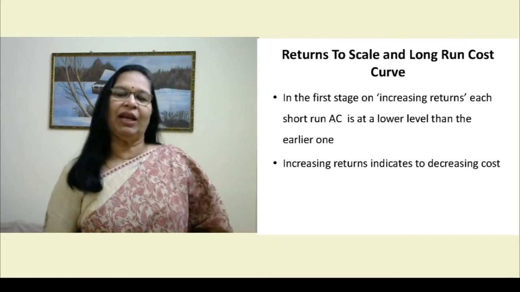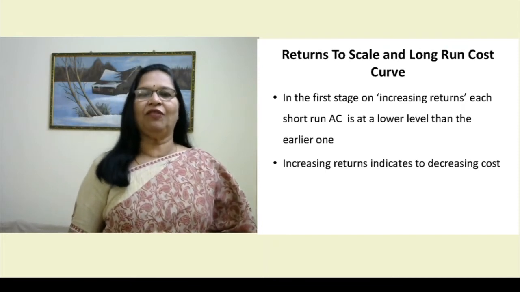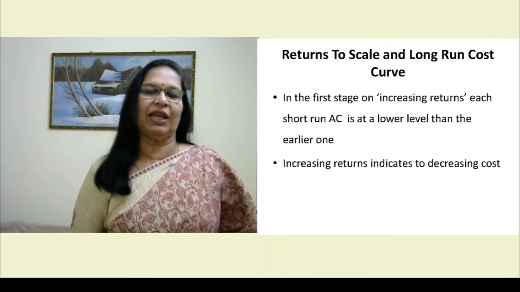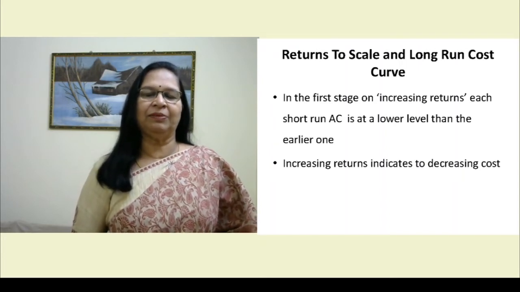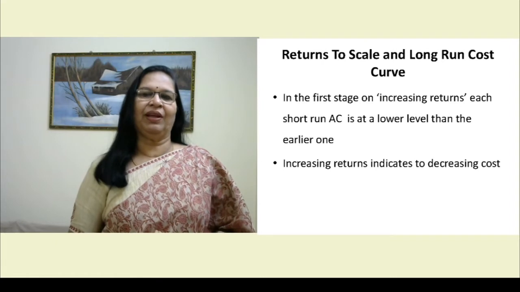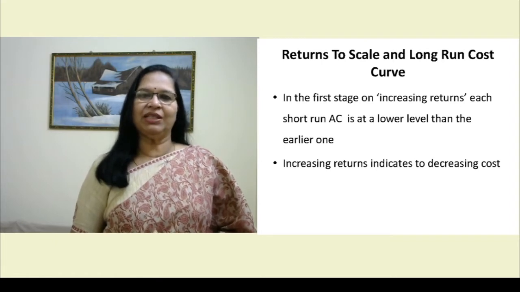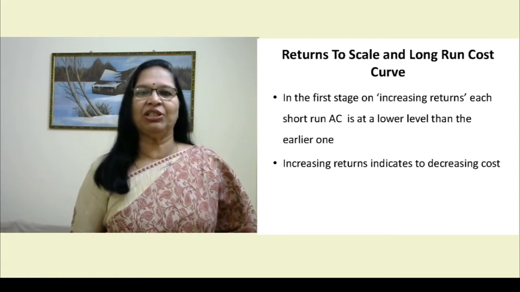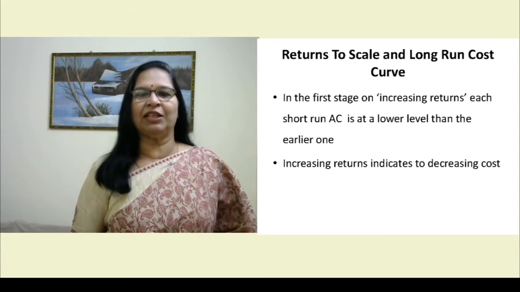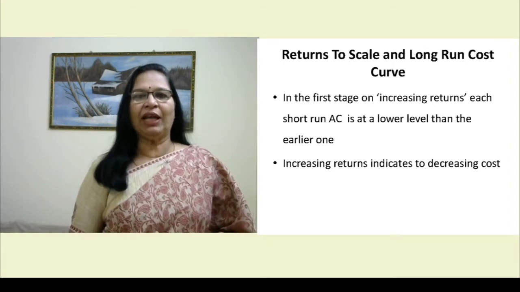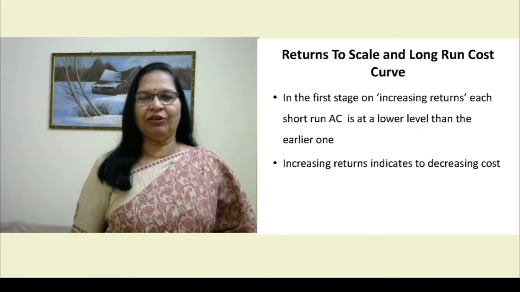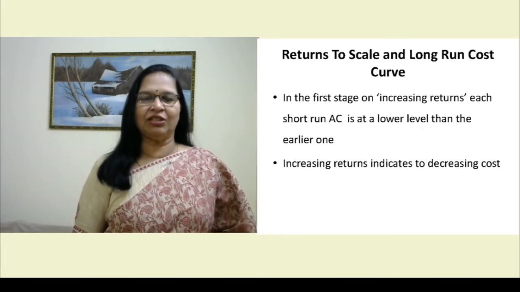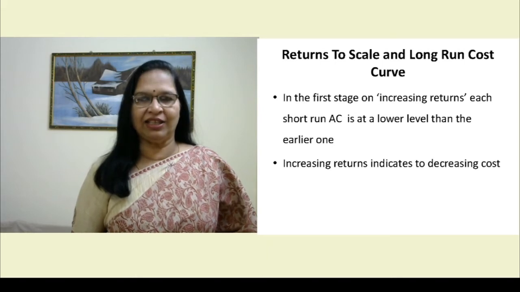Now, we shall relate the long run cost curve with the returns to scale that we had examined in the earlier lesson. When a firm changes its scale of production by changing the variable factors in a proportion, we found that the firm experiences three kinds of returns: the increasing returns, constant returns, and decreasing returns.